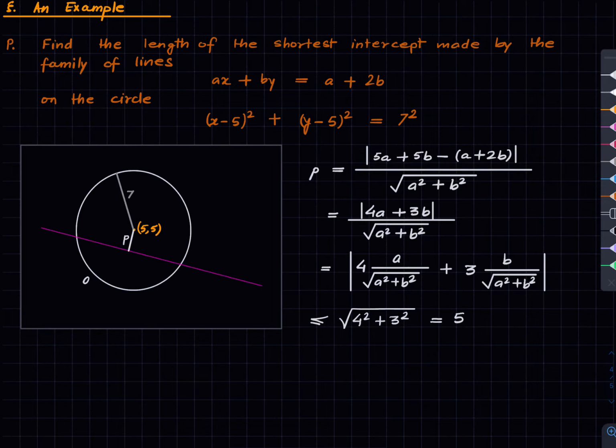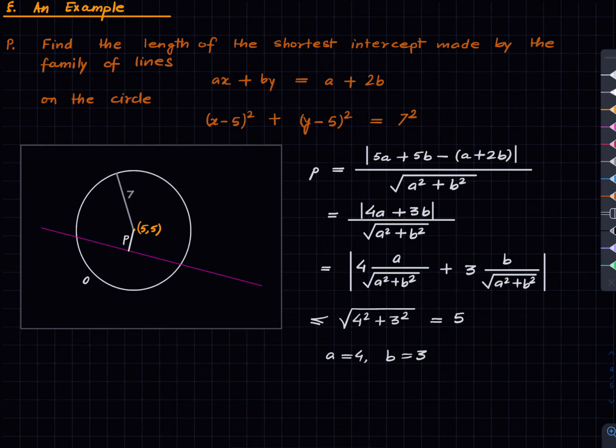Finally, the maximum distance you can possibly achieve is 5 given this calculation, but you can actually achieve the distance of 5 just by choosing A equals 4 and B equals 3. So if you choose these values of A and B, you do get a distance of 5, and hence 5 is the greatest possible distance between the center and any line coming from this recipe.